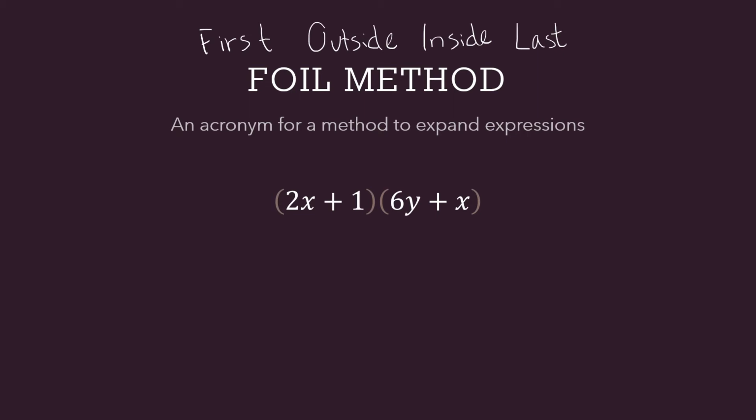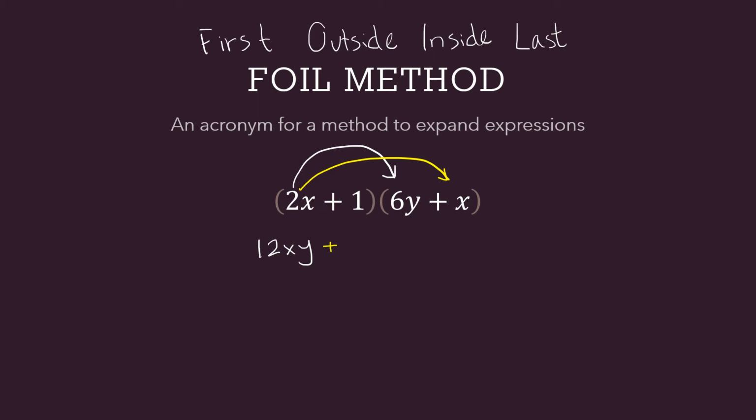The first ones that I would multiply would be the 2x and the 6y. After you find the product of each multiplication, you're going to add them together. So the 2x times 6y is going to give you 12xy. Then you'd multiply the 2x times the x. Again, you're going to add it.